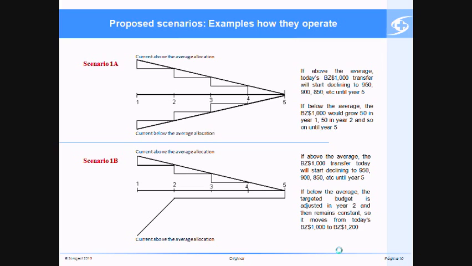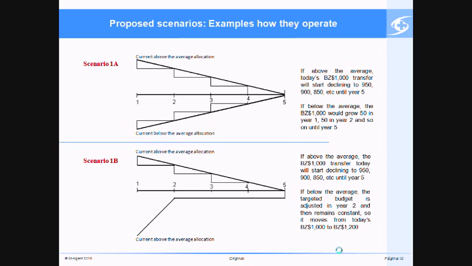In scenario 1A, what we can do is to take the above average allocation and to reduce it stepwise over a period of 5 years, so that each year there would be a 20% decrease in funding to that school. And for the below average, we can increase stepwise as well, so that each year there would be a 20% increase for that school until they both achieve equilibrium at the average.